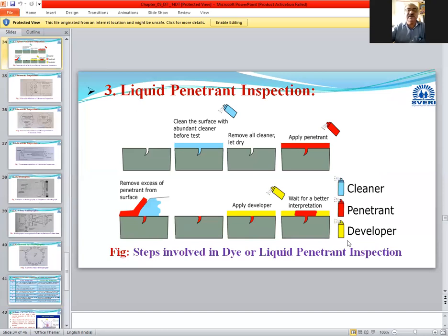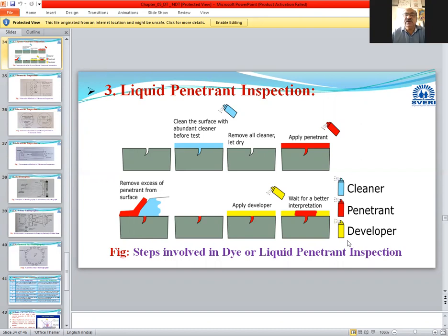Now the next test is the liquid penetrant test. In the liquid penetrant test, initially clean the surface with a cleaner before the test, remove the cleaner by drying, then apply the penetrant, one of the liquids, remove the excess penetrant from the surface, then apply developer and wait for some time, and you will get this.